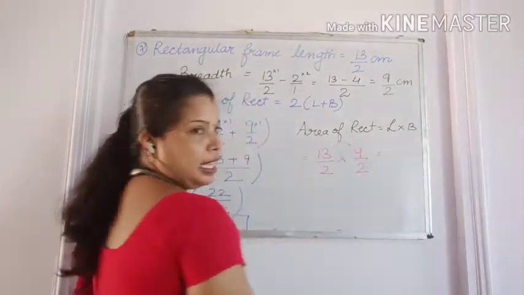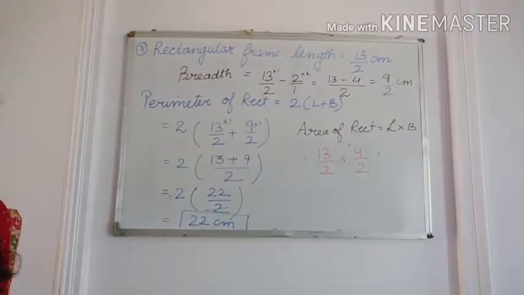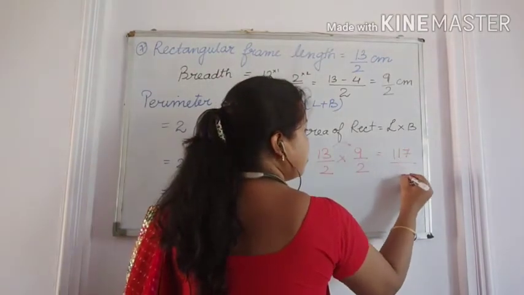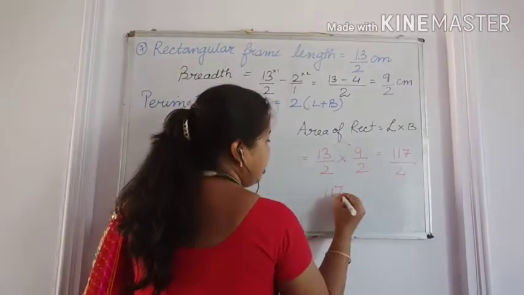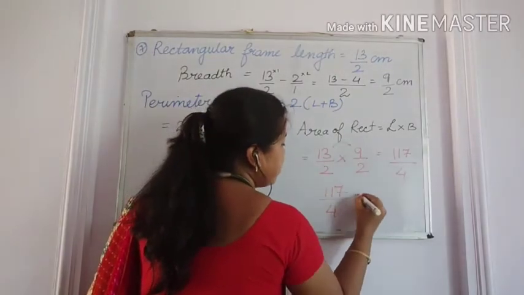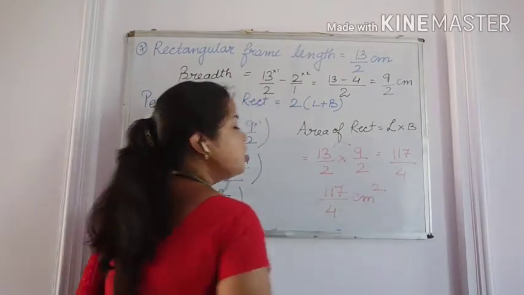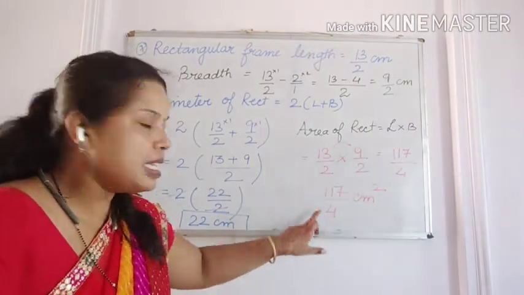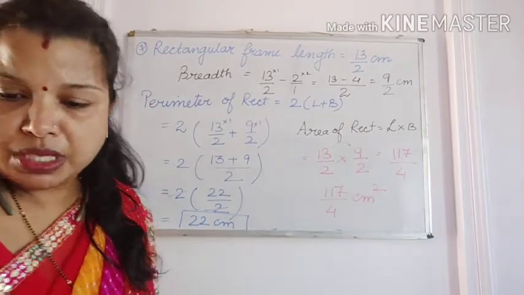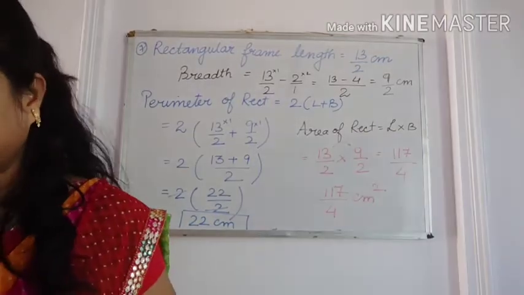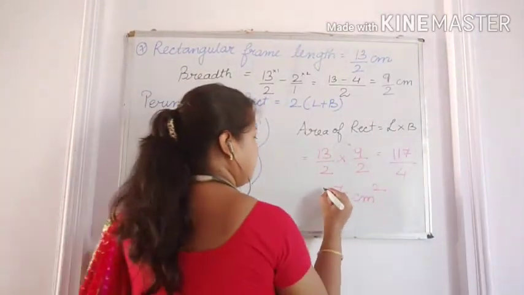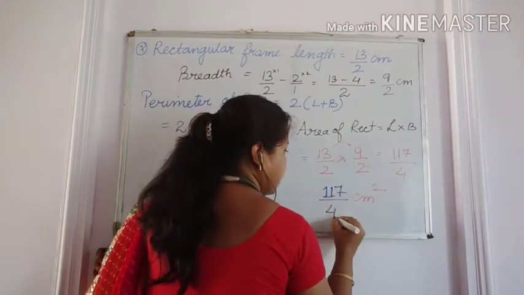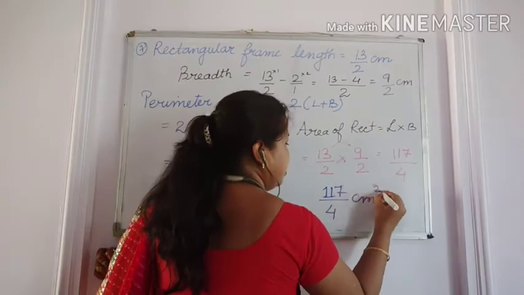So what you will get here? 117 upon 2 2s are 4. Beta, but we know very well area unit is centimeter square. The area is coming 117 upon 4 centimeter square.